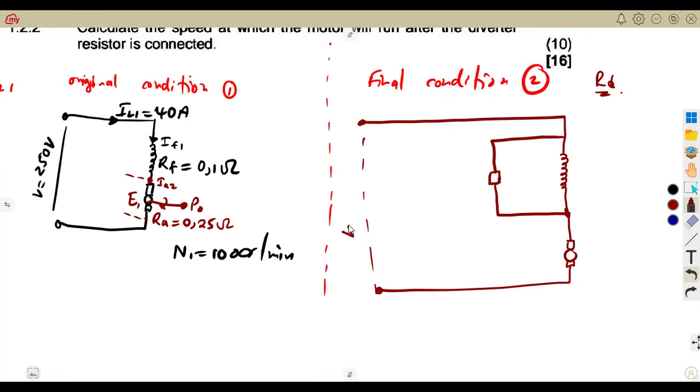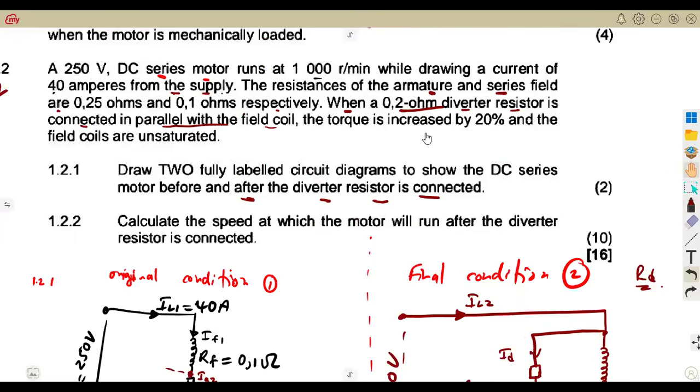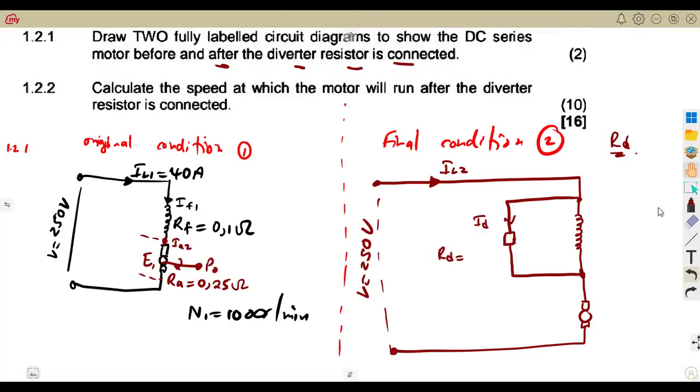Terminal voltage is not going to change, still at 250 volts. The load current, definitely this one is going to change. Like I explained from those classes that we had, the same load current here is entering these two. So it is going to branch another one into here, which is your ID in this RD or diverter resistor, which we are given its value. Remember, they gave us that 0.2 ohms.